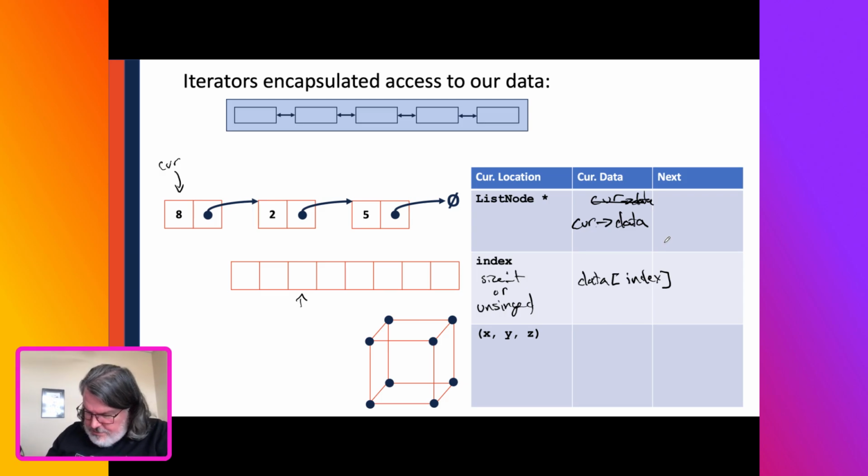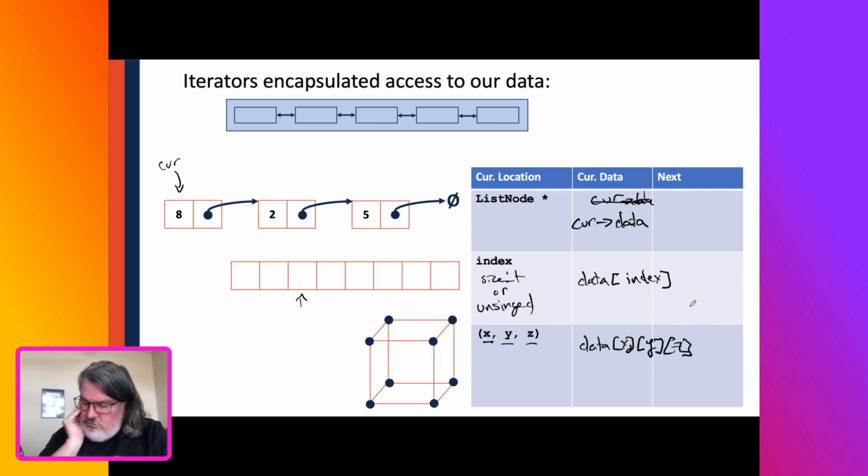And to access our hypercube, current location, we're going to call it something like XYZ. So how are we going to access it? I don't know. We're going to do data X, Y, Z maybe.